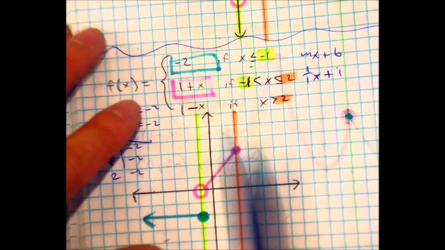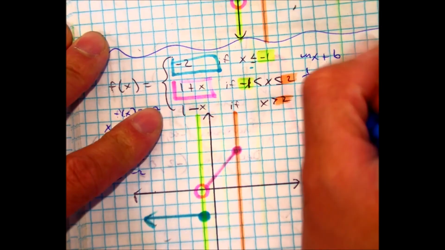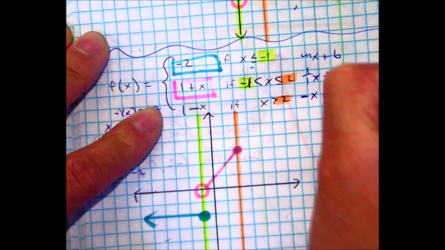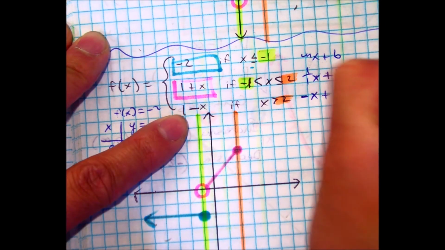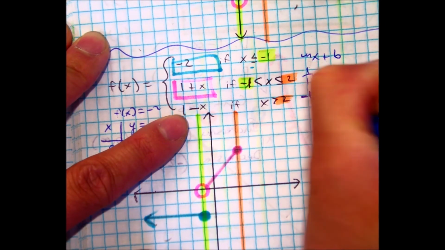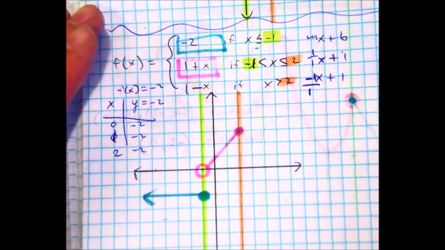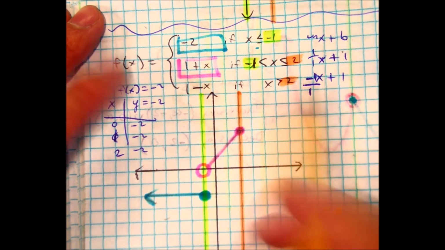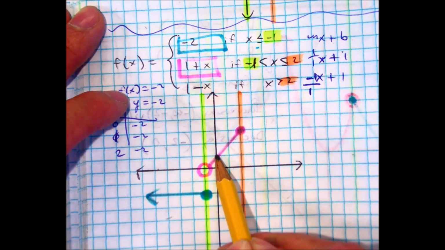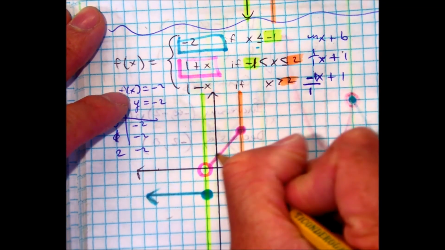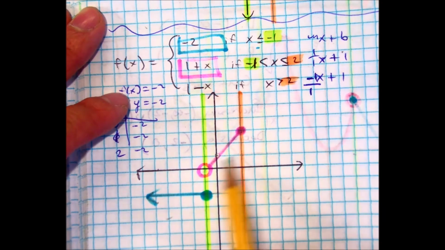Alright, the last one I'm going to graph is y minus x. So you can do -x plus 1. And so that would be a -1 over 1. So if we graph that, start at 1. And from here, you're going to go down 1, right 1.